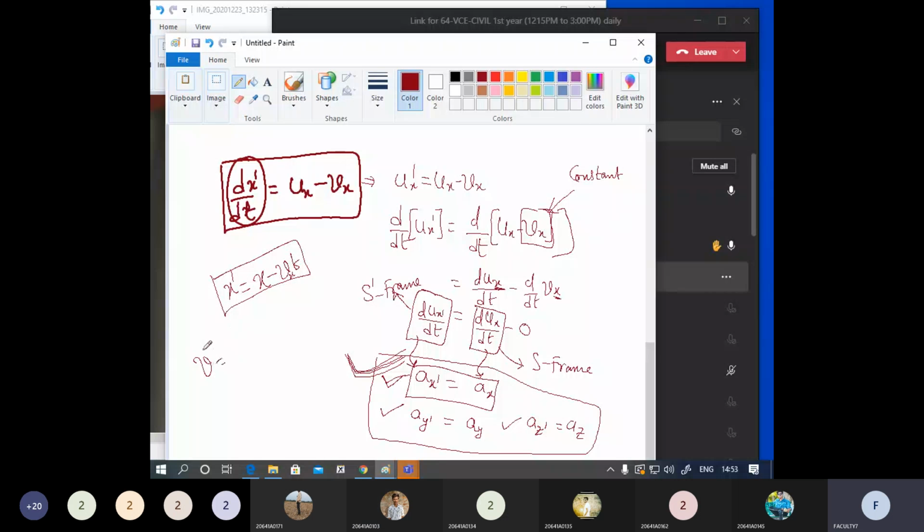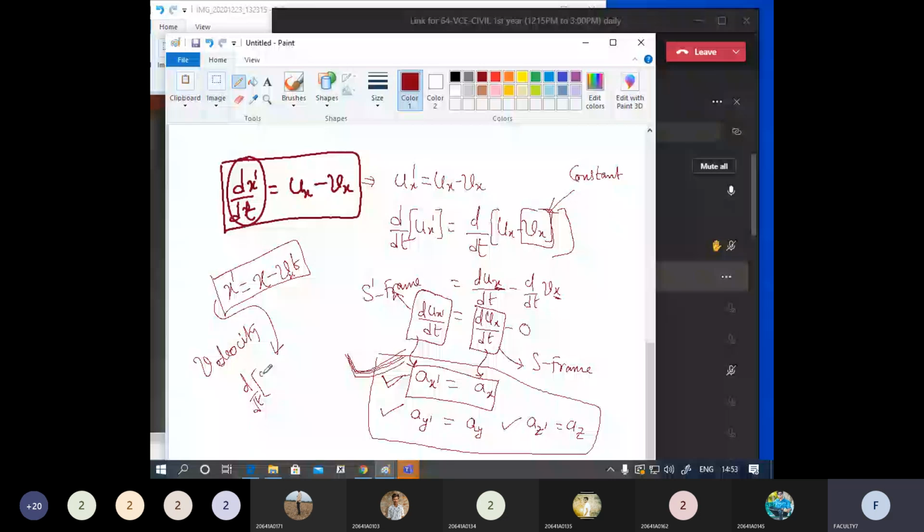Okay, so if you want to convert into velocity, what we are going to do is differentiate this entire equation, both right side and left side. Now I will differentiate this equation with x prime here, and the same differentiation on the other side, minus vxt.